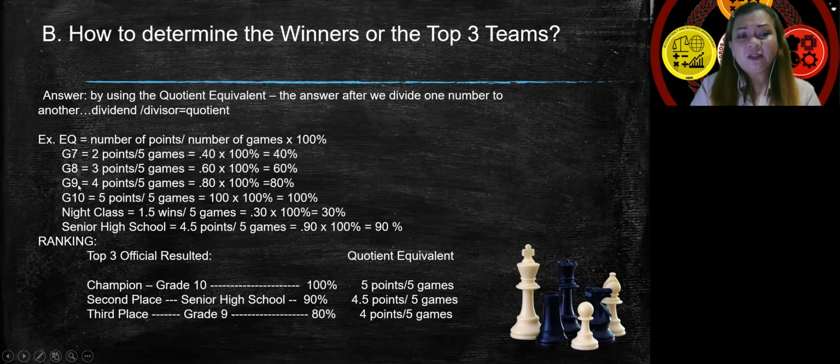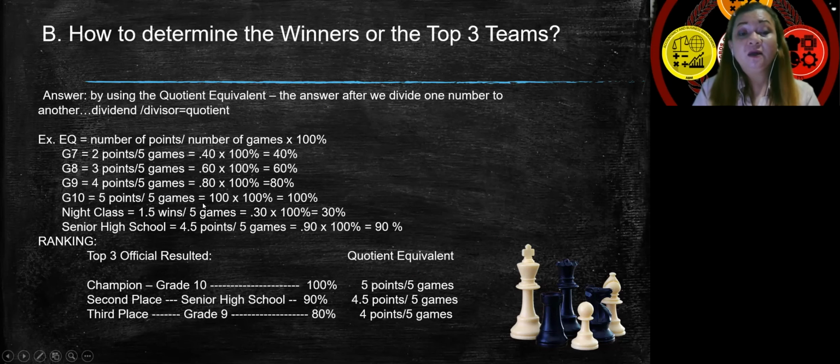Now let us check the points of grade 9. Assuming grade 9 got 4 points, divided by 5 games, that is 0.80 times 100%, so this would mean 80%. Now grade 10. Grade 10, luckily, got 5 points in all 5 games.